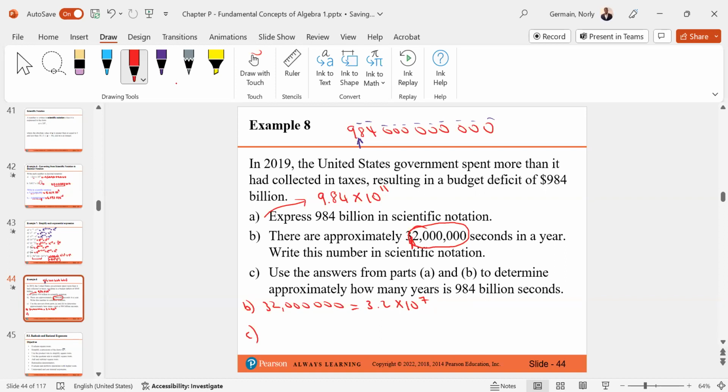So determine approximately how many years. Then you need just to take the 984 billion with the zeros and divide it by 32 million. And approximately the answer would be 30,750 years.